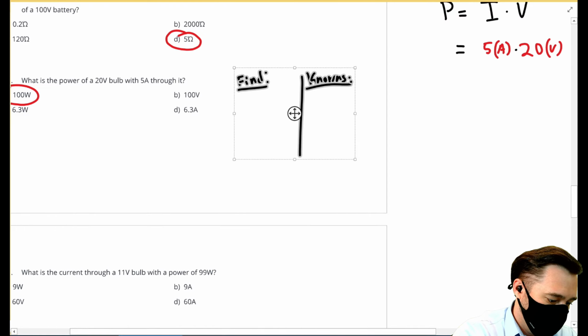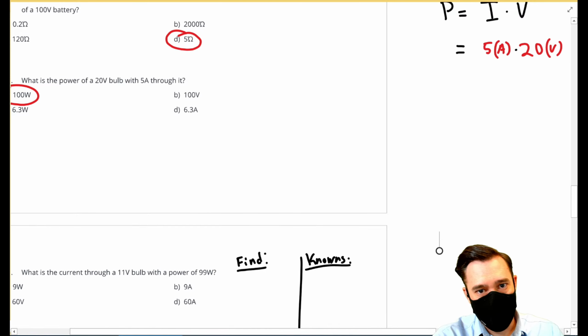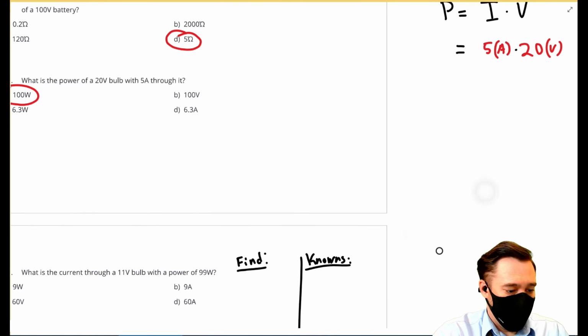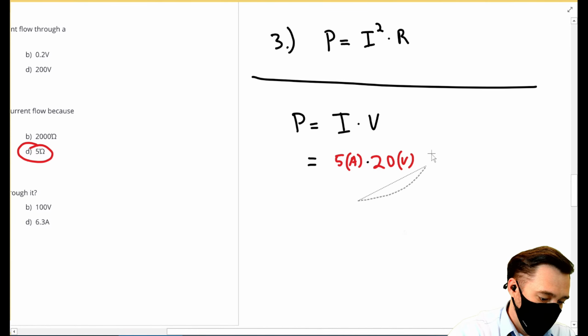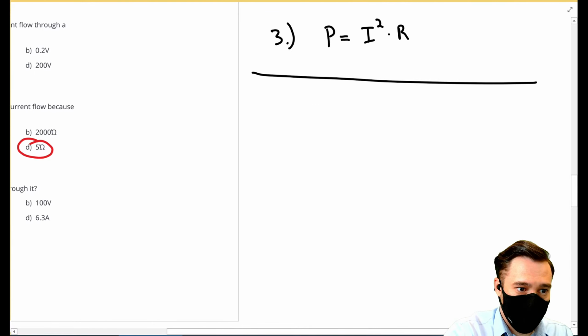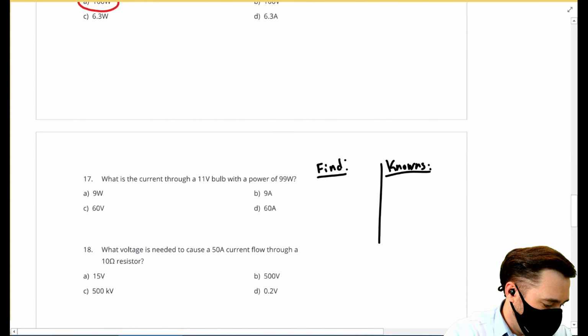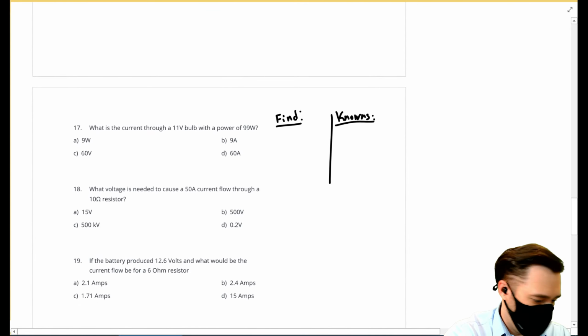Doc Brown from Back to the Future. Please tell me you guys know what Back to the Future is. If you don't know Back to the Future, I failed you. Okay, good. All right, so only 4 more. We can get this done.